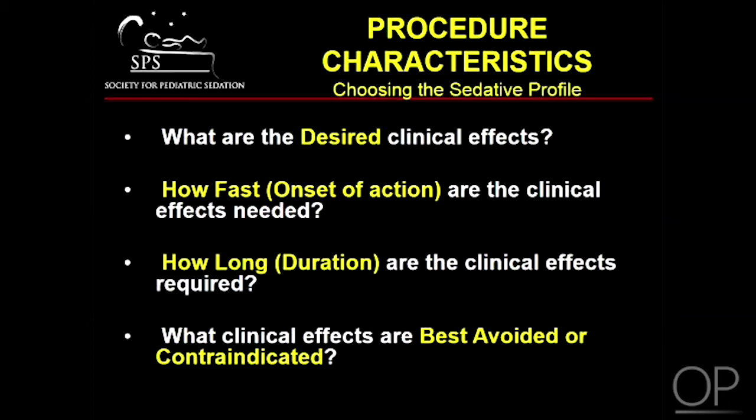And finally, what clinical effects are undesirable or even contraindicated that may be specific for the patient or procedure? This final question may lead the practitioner to avoid a specific sedative agent or class of drugs. Answering these 4 questions will help the practitioner determine exactly what drug pharmacologic profile they are looking for. Note questions 1 and 4 address the drug's pharmacodynamic profile, while questions 2 and 3 speak to the drug's pharmacokinetic profile.